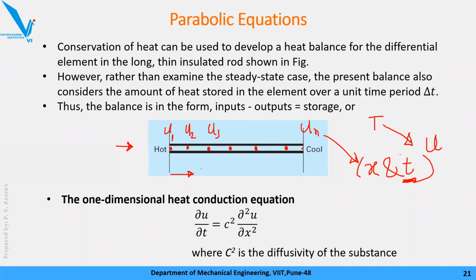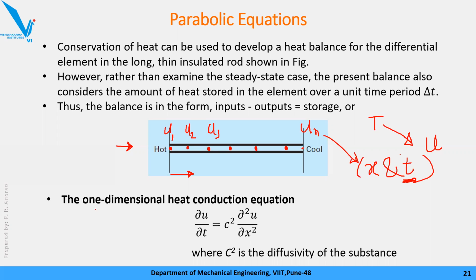You are measuring the temperature at various locations in the x direction, but at various time steps. You can also check in the afternoon, or in the evening also. So in your governing equation you are dealing with two parameters, time along with location x.